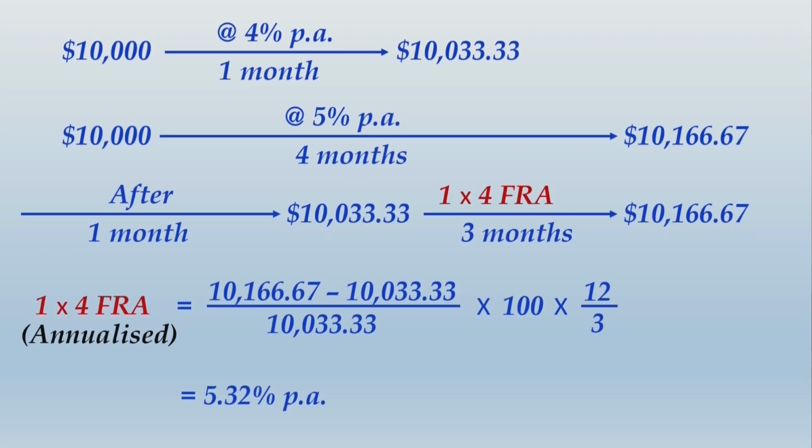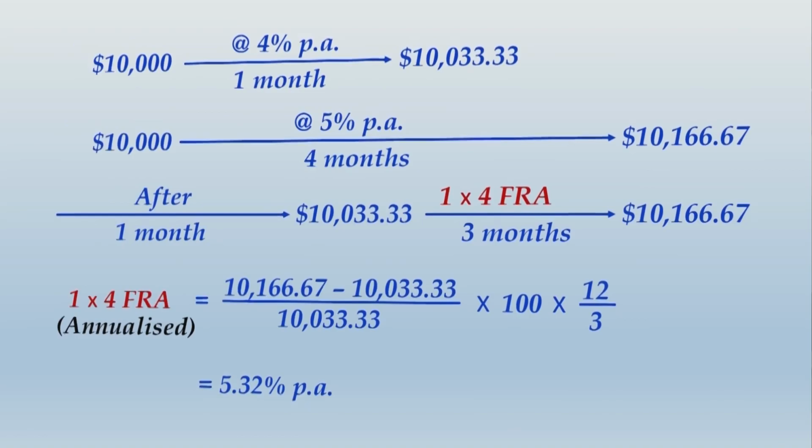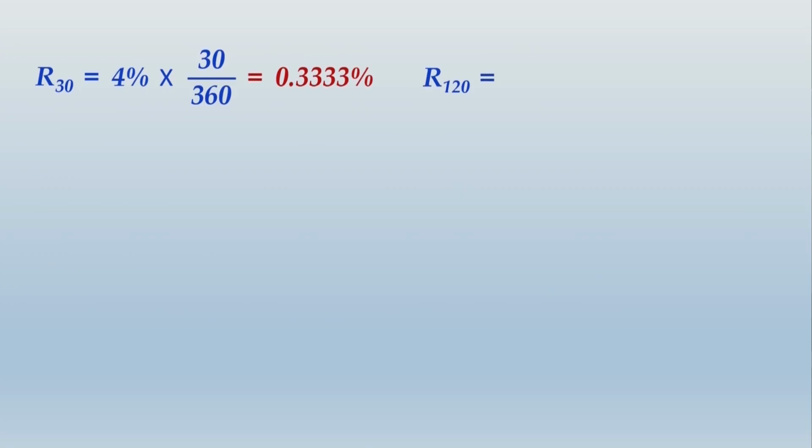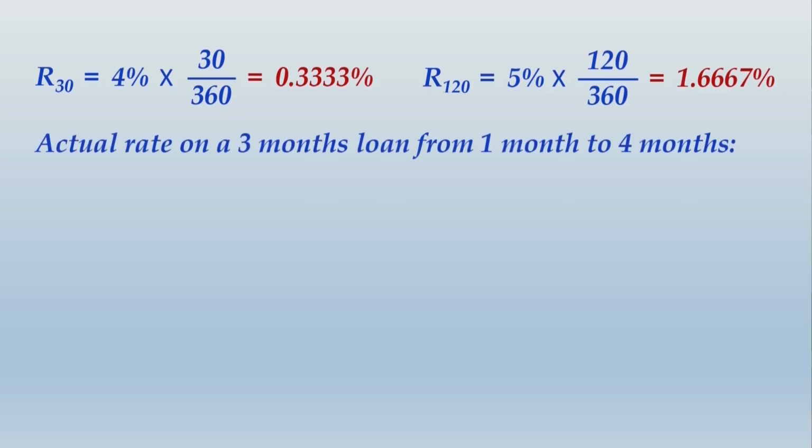Alright friends, once you have completed this whole thing, let us move ahead, and now we follow the other approach. We take the periodic rate for the 30 days MRR. We take the periodic rate for 120 days MRR, and then we take the bigger factor divided by the smaller factor minus 1.